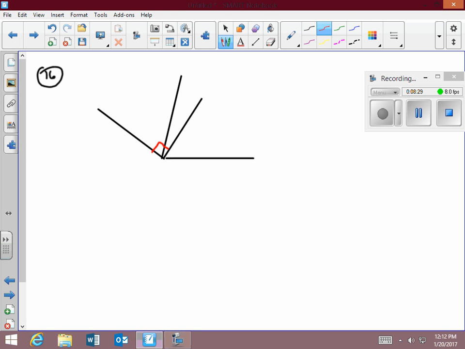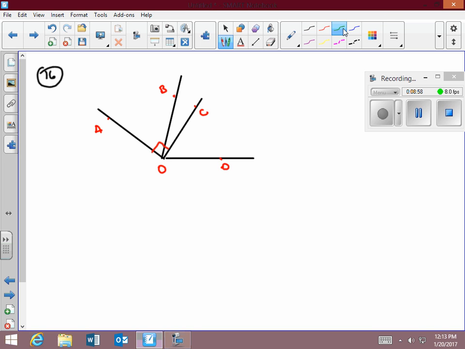And then they have A out here, B up here, C, and then D, and they call this O. Now they're saying angle AOD is 150 degrees.